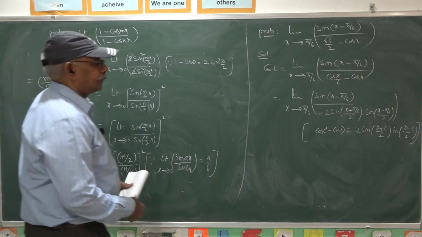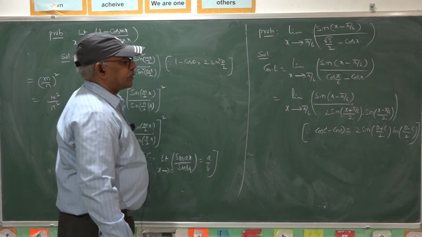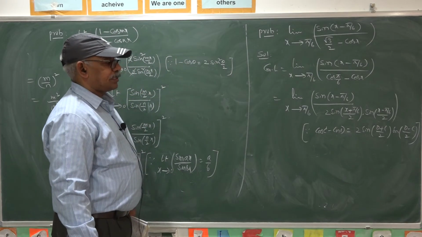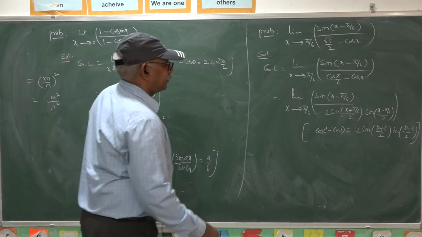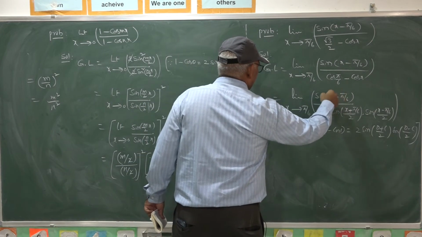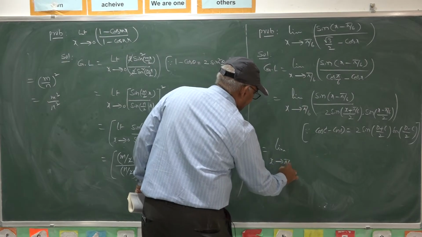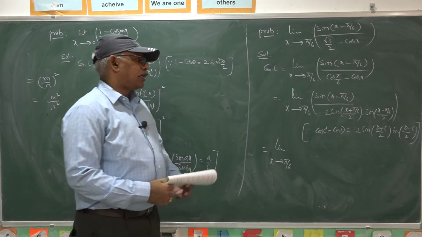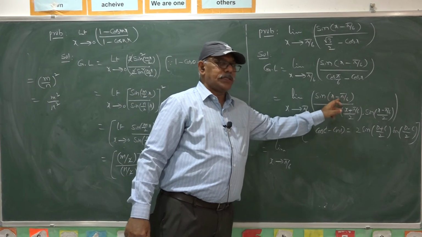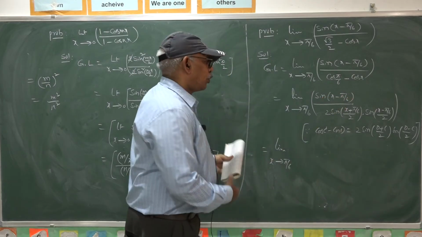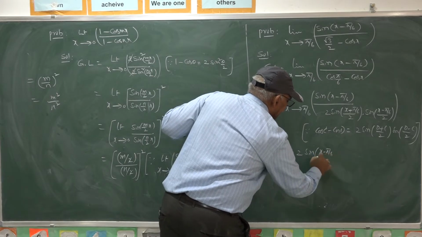So this is limit as x goes to pi by 6, sin of x minus pi by 6 by 2 sin of x plus pi by 6 by 2 sin of x minus pi by 6 by 2. Again write this sine in half angle formula. Once you assume this one as theta, sin theta in half angle is 2 sin theta by 2 cos theta by 2.